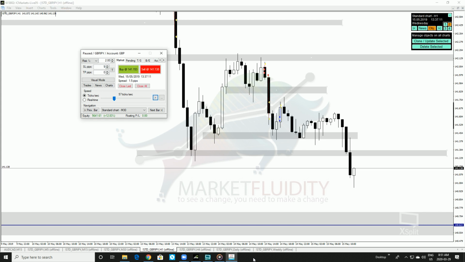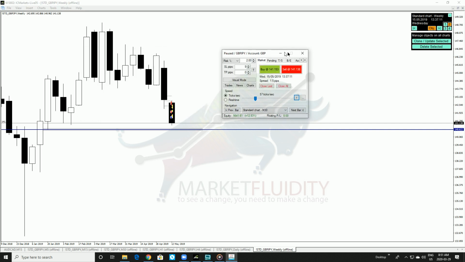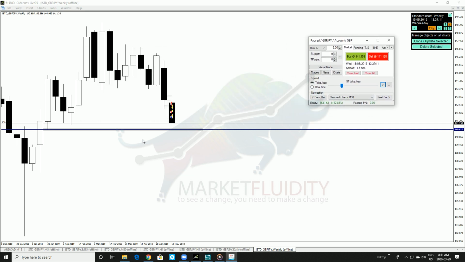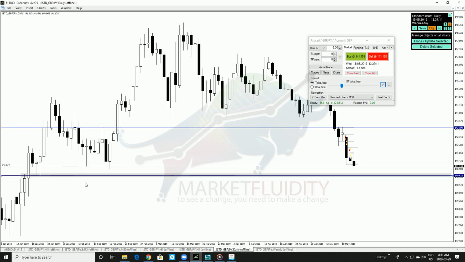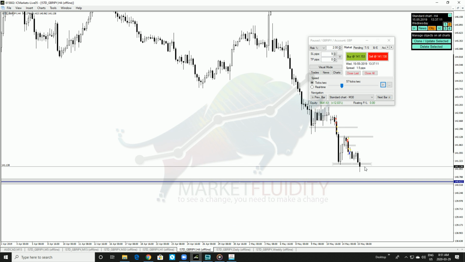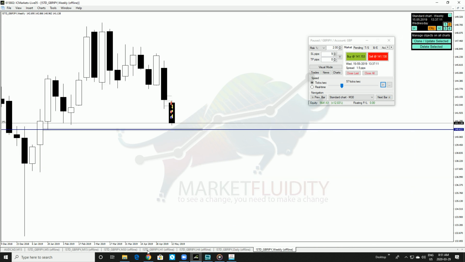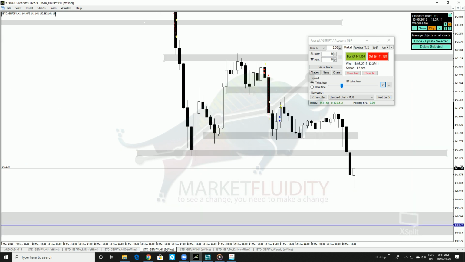Can you show weekly? Yep, weekly. Just take a visual picture of the weekly, take a visual picture of the daily, take a visual picture of the 4 hour. They're all bearish. The trend is bearish, bias is bearish, so we're looking for a bearish move here, right? So far, price is retracing, which is good, so we're just going to wait.